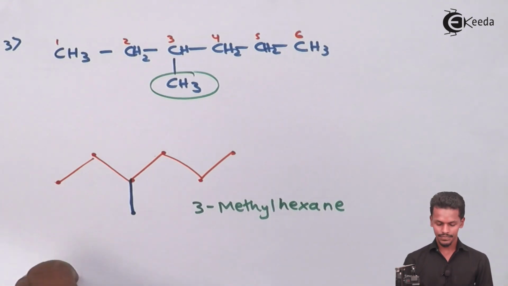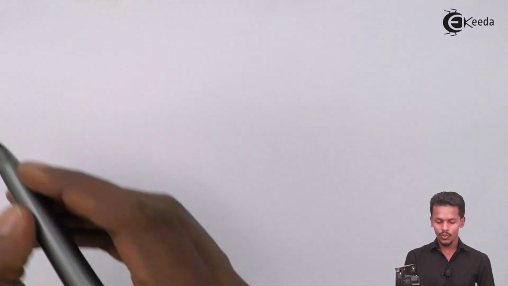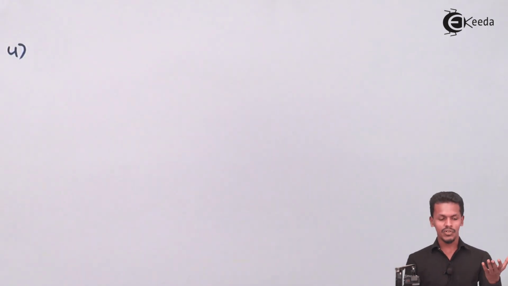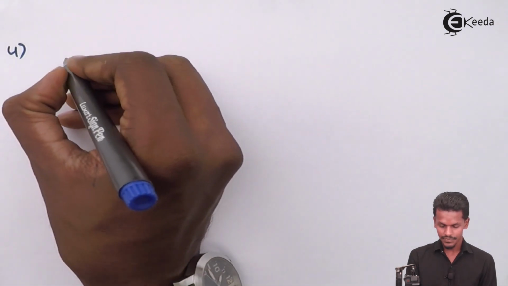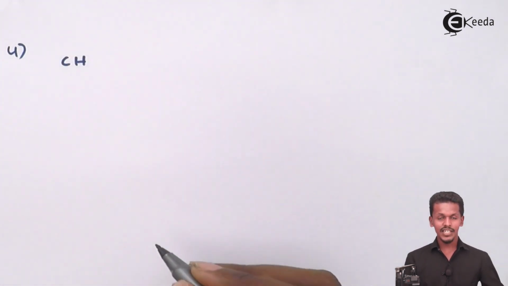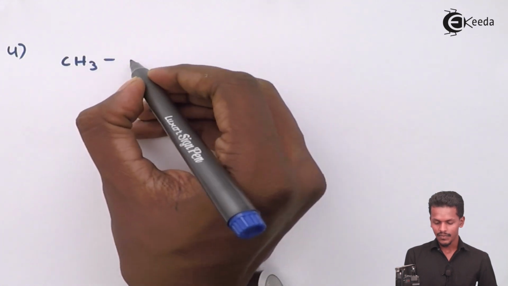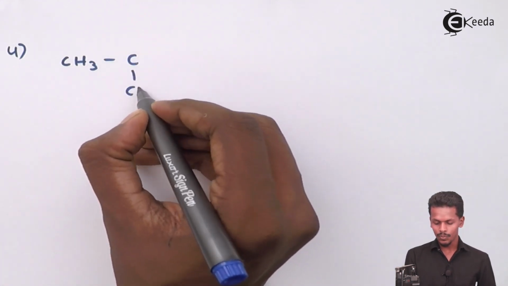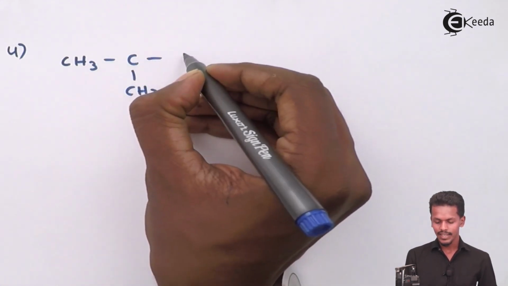That is the fourth one. And the fourth one will have a structure like this: the CH3 would be present here, and a CH3 group here also.